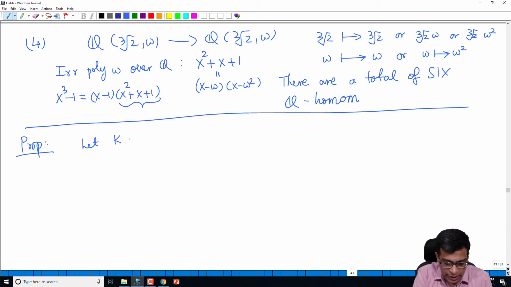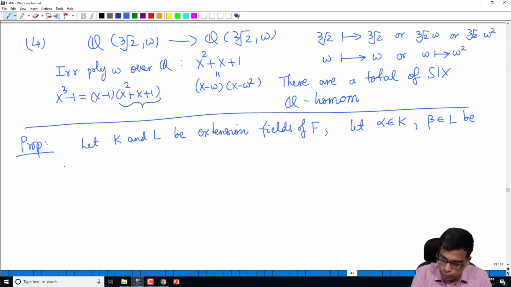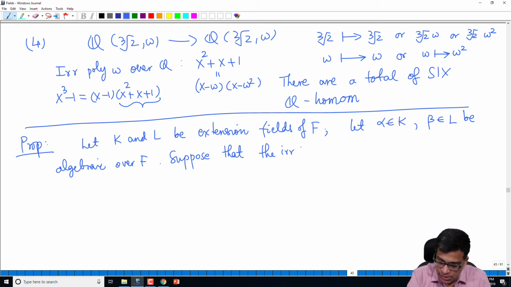So let K and L be extension fields of F. Let us choose two elements, alpha in K, beta in L, both algebraic over F. Suppose that the irreducible polynomials of alpha and beta over capital F are the same.